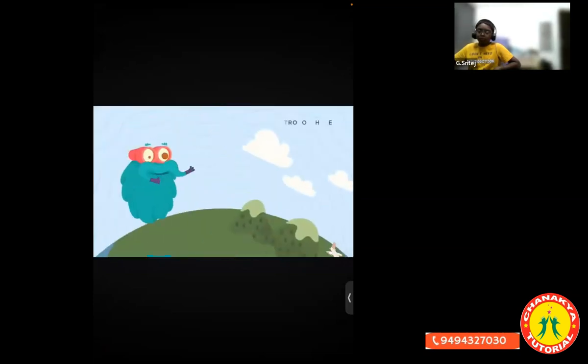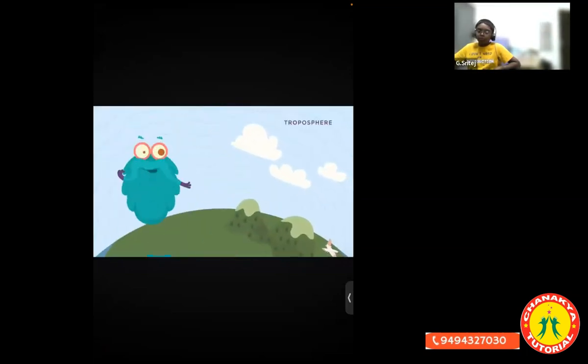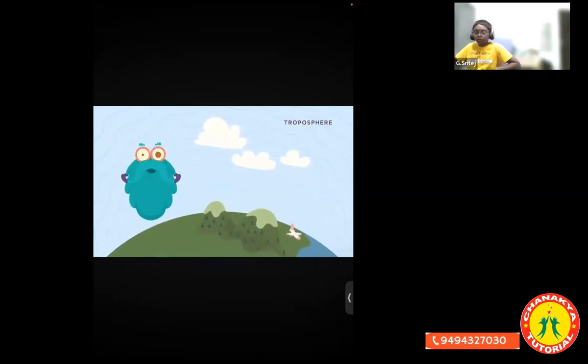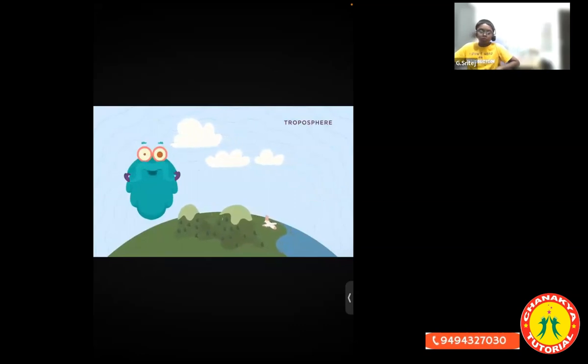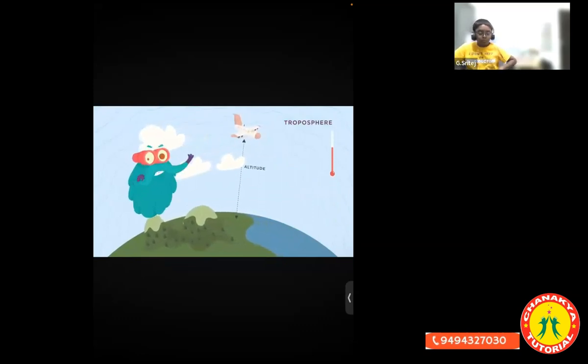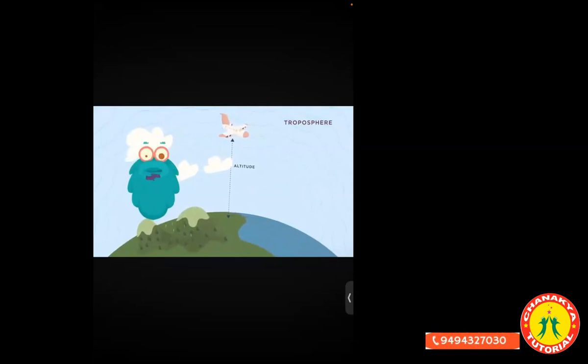Zoom in. This is the troposphere. This layer is where the weather occurs. This is the lowest atmospheric layer and begins at the surface of the Earth and extends out to about 4 to 10 miles. The temperature of the troposphere decreases with increase in altitude. Just so that you know, altitude is the height of an object or point in relation to the ground level. Now, we are in the stratosphere, second lowest layer of Earth's atmosphere.